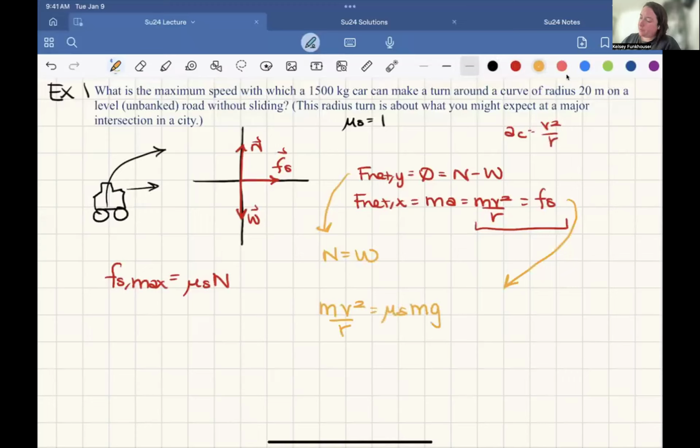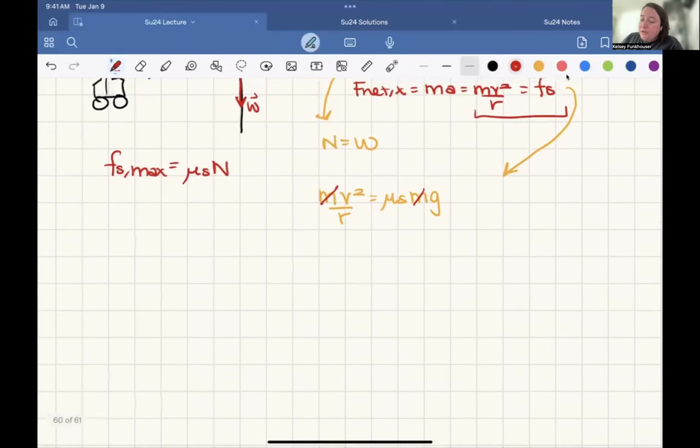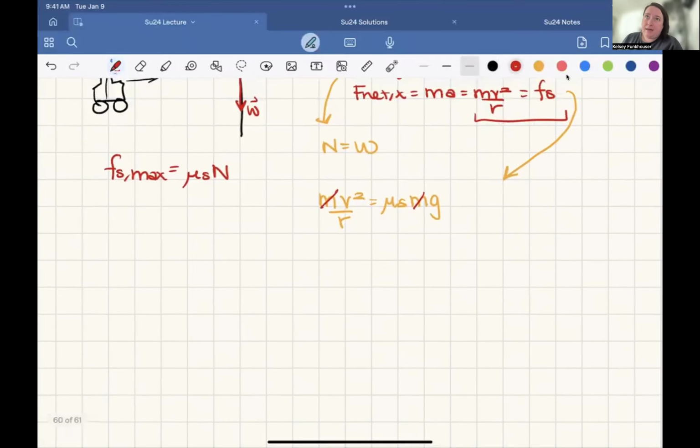Okay, now both terms have mass in them, so they can cancel out. Which is good because not all cars have the same mass. So this should work no matter what their mass is. Then we want to multiply the radius on both sides, and then we'll also square root both sides.